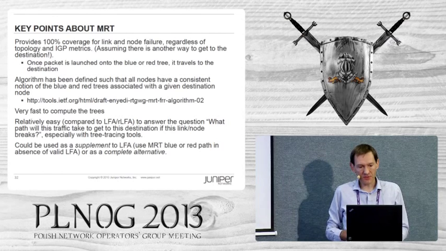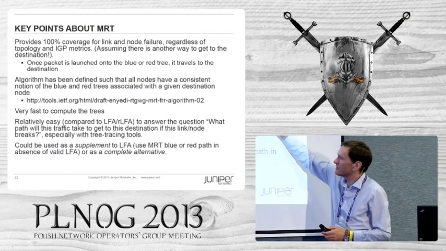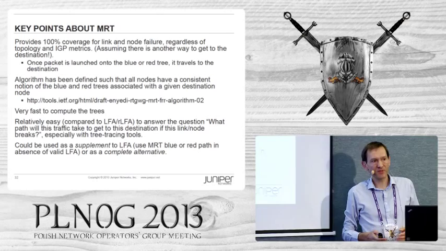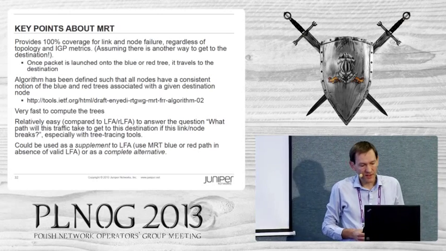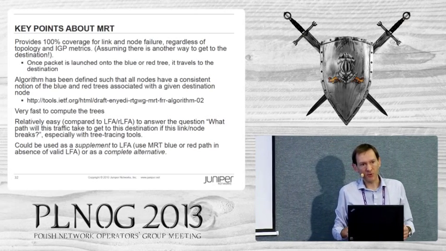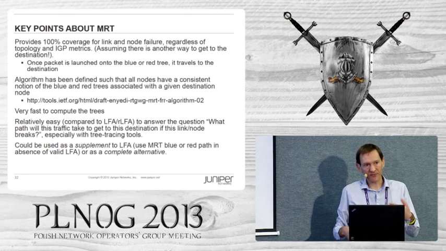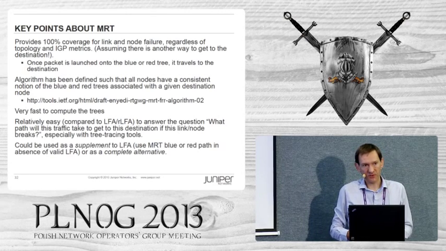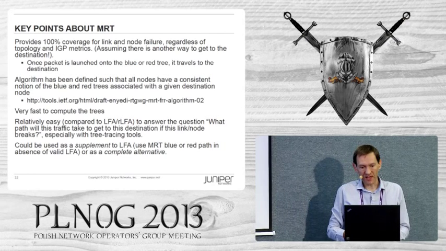And so an algorithm has been defined such that the nodes have a consistent notion, and that's described in this particular draft. Now, in terms of computing the trees, it's a sort of add-on to the normal SPF calculation. So when the router's doing the SPF calculation, it calculates these trees as well, with some extra processing steps.